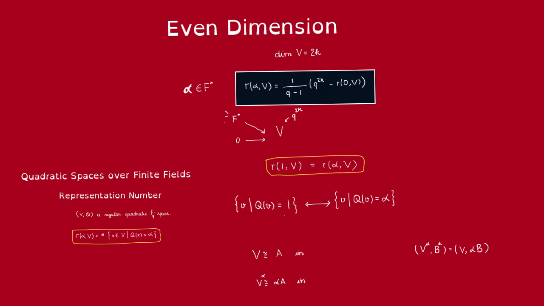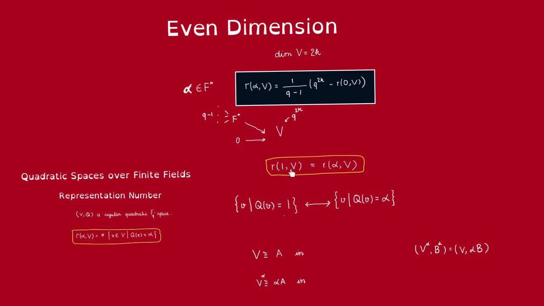Now F star has how many elements? q minus 1, right? So if the number of representations of each of these elements are the same, then it will each be equal to this total number of vectors in V minus the ones that represent 0, and then divided by q minus 1.